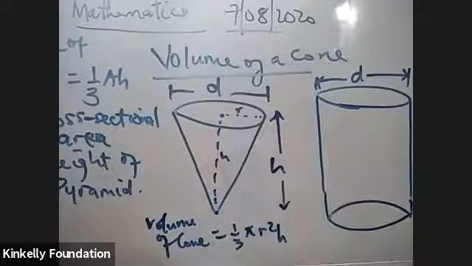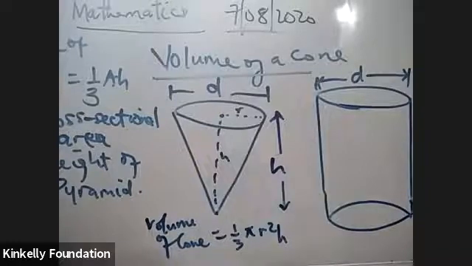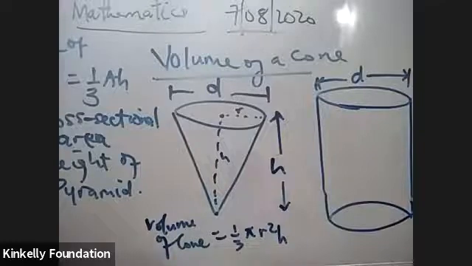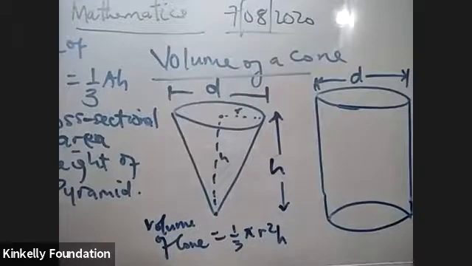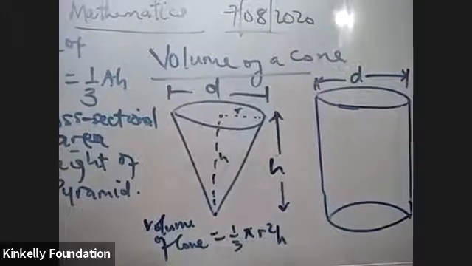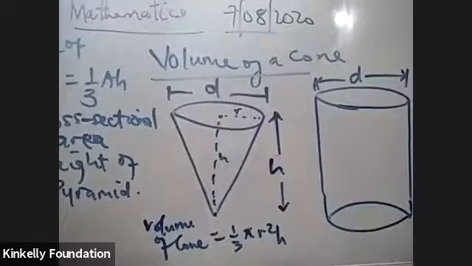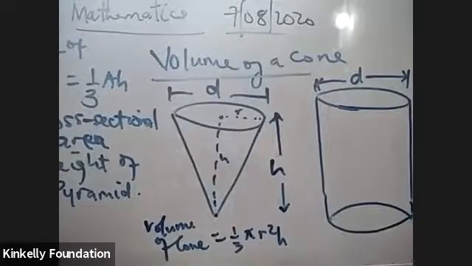If the cone and the cylinder have the same height and the same diameter, both of them have a relationship, in the sense that the volume of the cylinder divided by 3 gives us the volume of the cone. The cone is formed from that cylinder if both of them have the same dimensions.